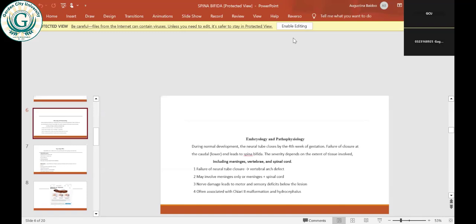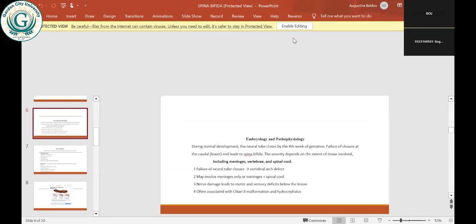The vertebra protect the spinal cord, support the body's weight, facilitate movement, and provide structural attachments for muscles and ligaments. And the spinal cord transmits nerve signals between the brain and the body for movement and sensation.